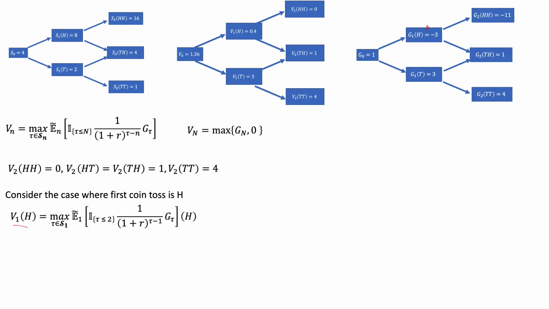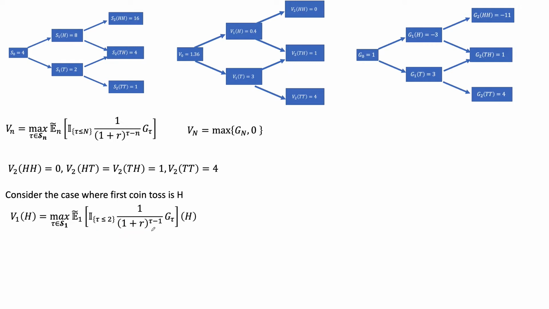We just replace this n by 1, right? So tau needs to be now in S1, and we take the expectation conditional on time 1, and we want to find the optimal strategy to maximize the amount of money we're making when we're standing at this node, the maximum value of our American derivative. And this is just the formula we have seen before.